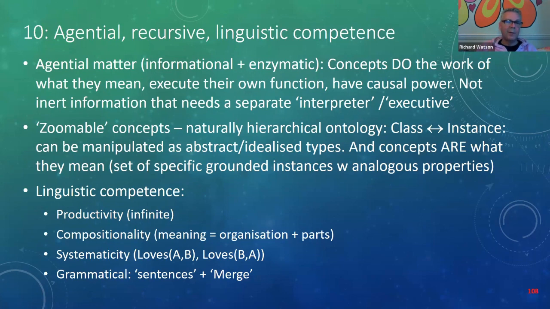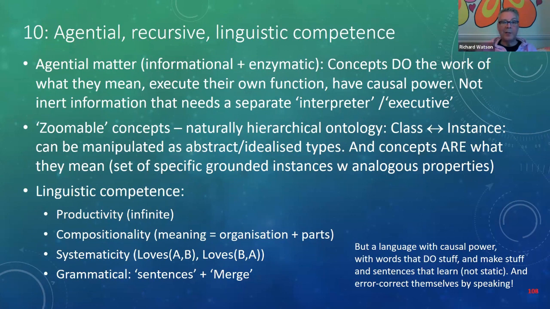We want a linguistic competence where we have productivity, that we can create an infinite number of possible utterances, compositionality, that the meaning of a system comes from the meaning of the parts that it contains plus their organization, that it has systematicity, that if you can understand the relationship between A and B, you can understand the relationship between B and A, and that it's recursive, that creates grammatical structures or sentences, plus some sort of very simple operator like merge that tells you how two sentences interact with one another, but not like we're manipulating passive data structures, but that they do it to each other, almost like it's a chemistry, a linguistic chemistry, a language with causal power, with the words that do stuff, that make stuff in sentences that learn, that aren't static, that in interacting with one another, they get transformed and they do error correction. By being spoken, they self-correct themselves. Properties like that.